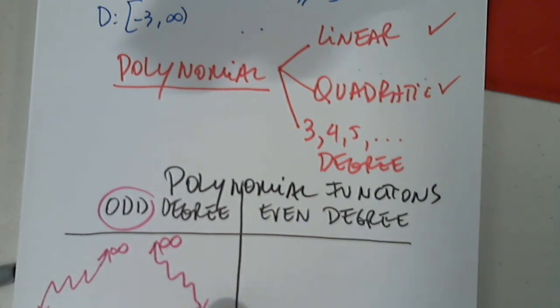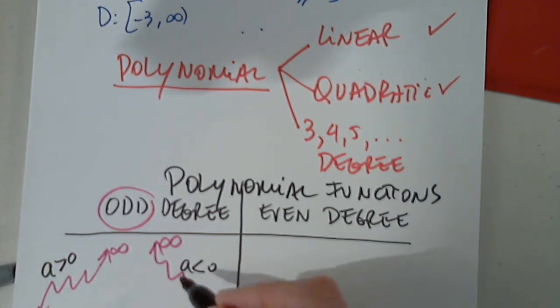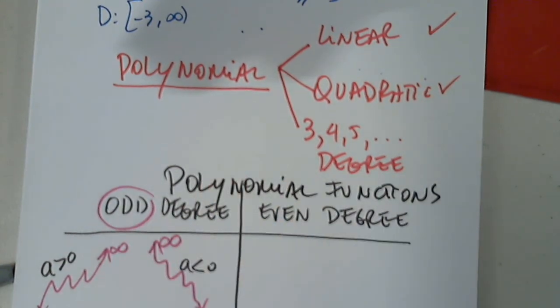When is this and when is that? Of course, the leading coefficient. If the leading coefficient is positive, it does this. If the leading coefficient is negative, it will do this. All polynomial, odd degree. Now for even degree, they behave like the quadratic function.